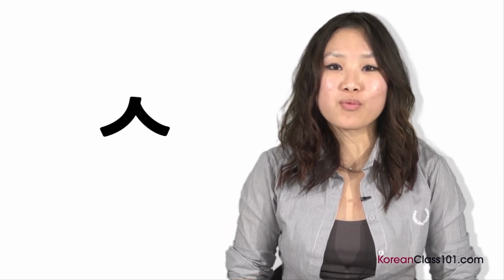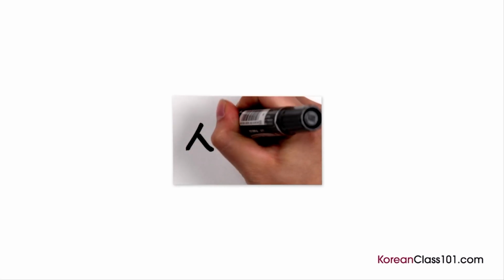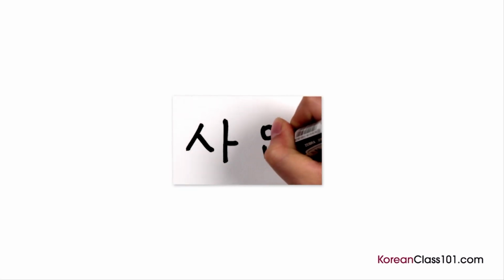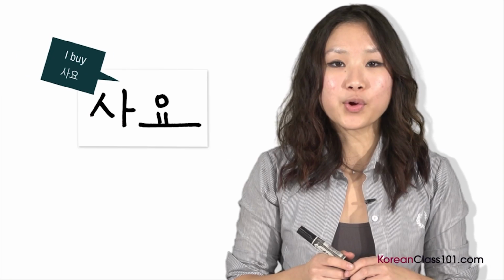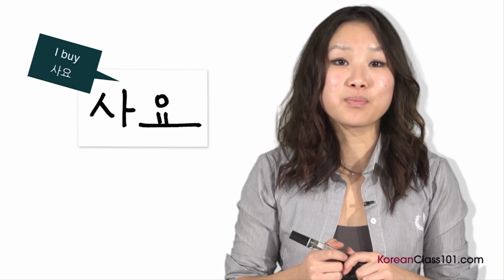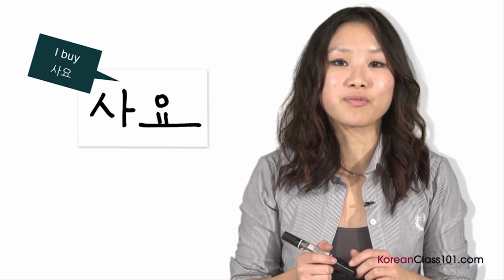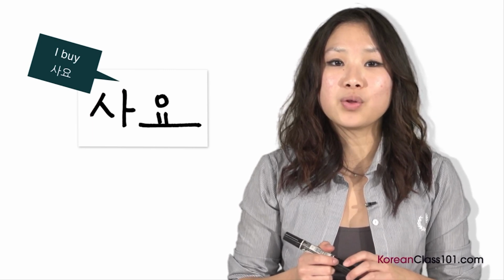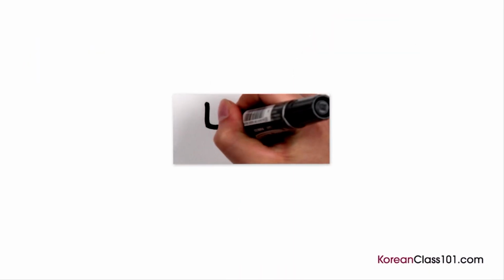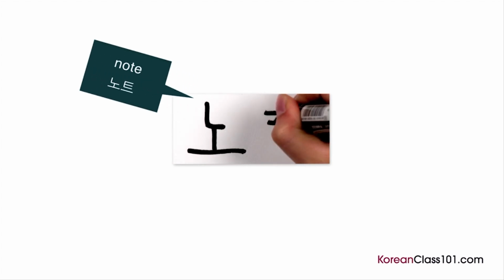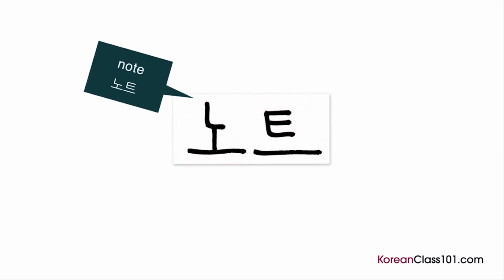Here's a short sentence which means I buy 사요. You can make this sentence more complex by putting a noun in front of it. So, 노트 is note.